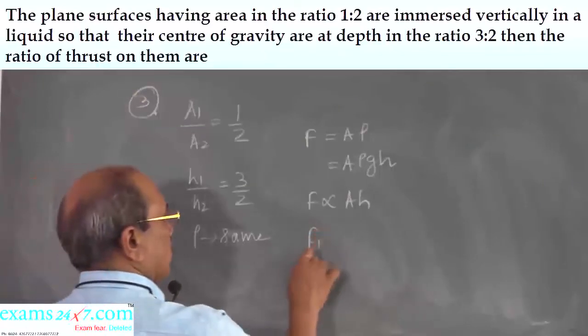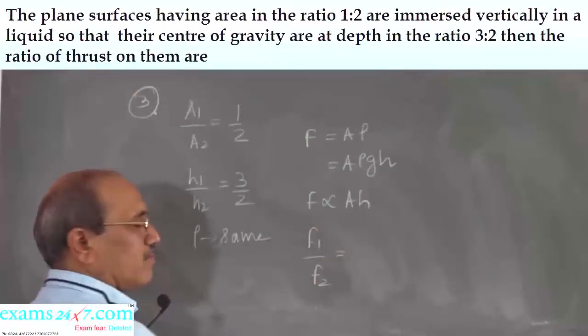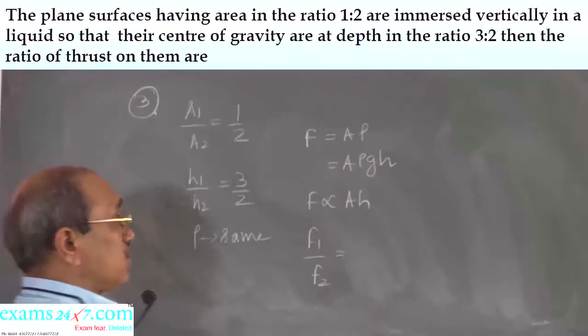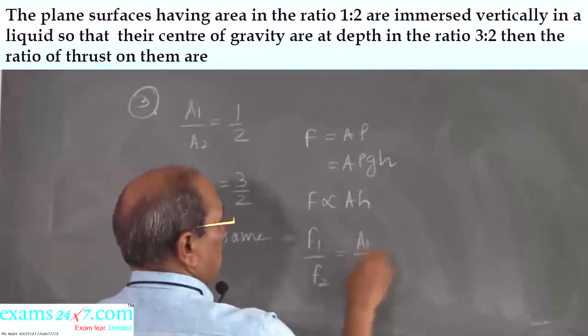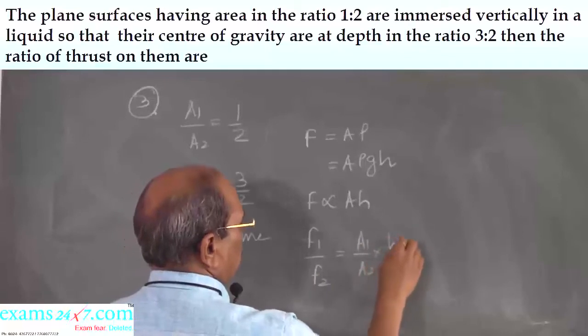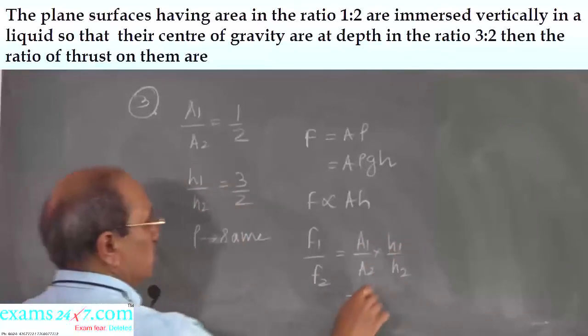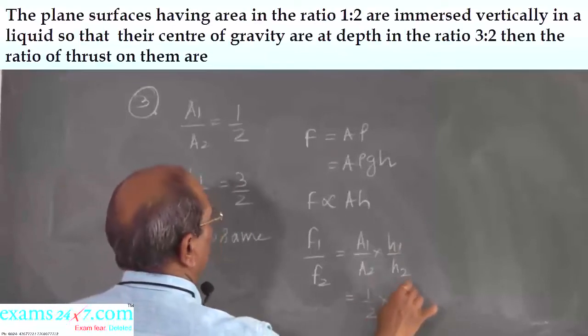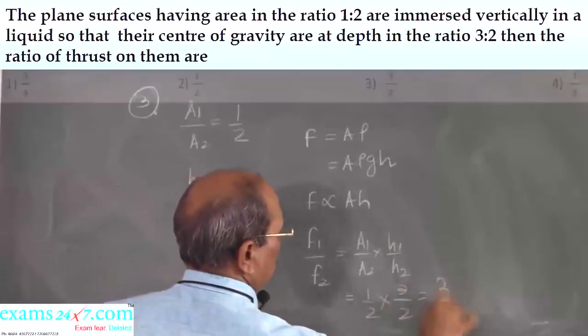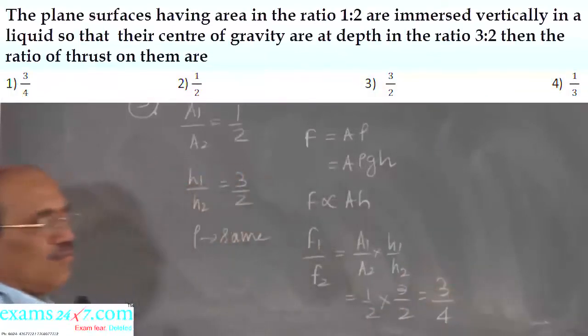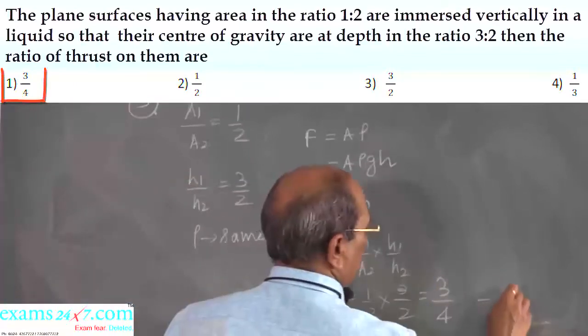Question is on the ratio of the thrust. Ratio of thrust is equal to A1 by A2 into H1 by H2. Given A1 by A2 is 1 by 2 and H1 by H2 is 3 by 2. Answer becomes 3 by 4. Option number 1 is the answer.